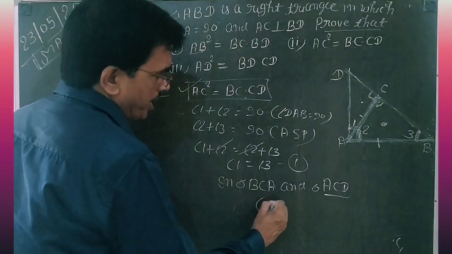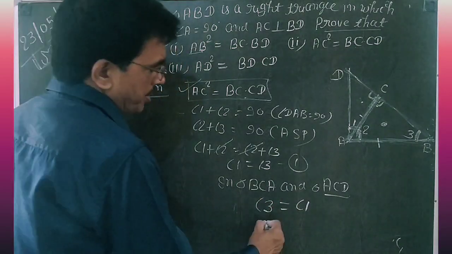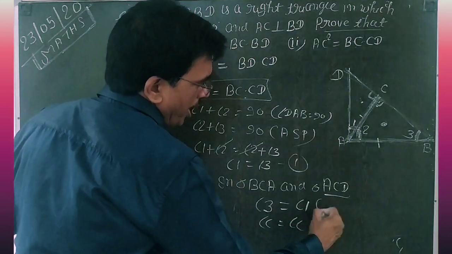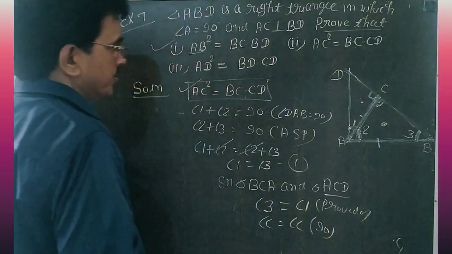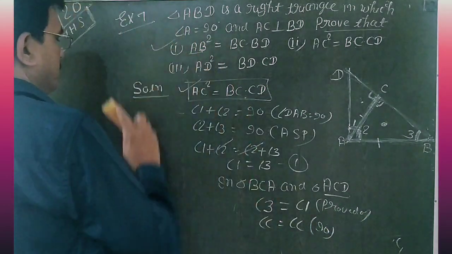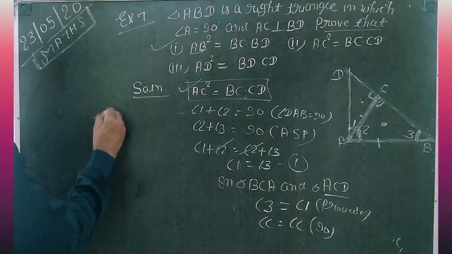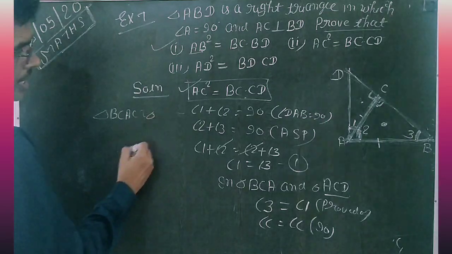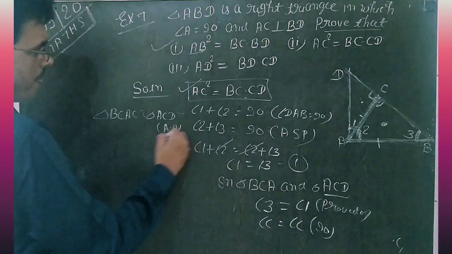What is the relation? Angle BCA is 3 and here is 1. Next, here is C and C is also 90. It is provable. So what do you conclude here? Both are similar. Triangle BCA is similar to triangle ACD by A property.